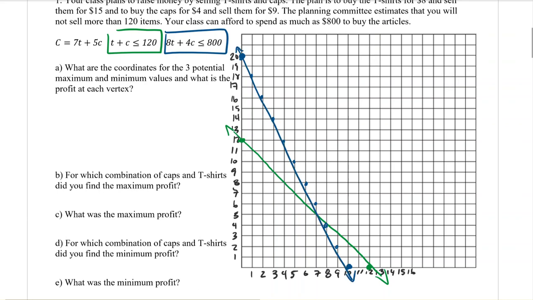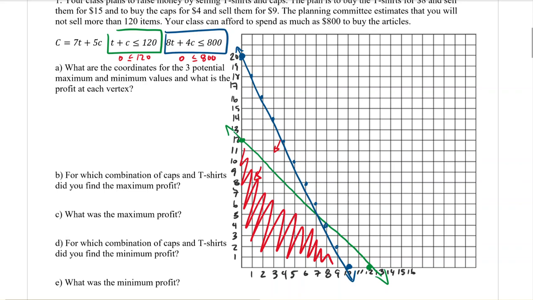Our shading, 0 is less than or equal to 120, so we'd shade the bottom, and 0 is less than or equal to 800, so we'd shade the bottom here. So that means we'd shade over here.